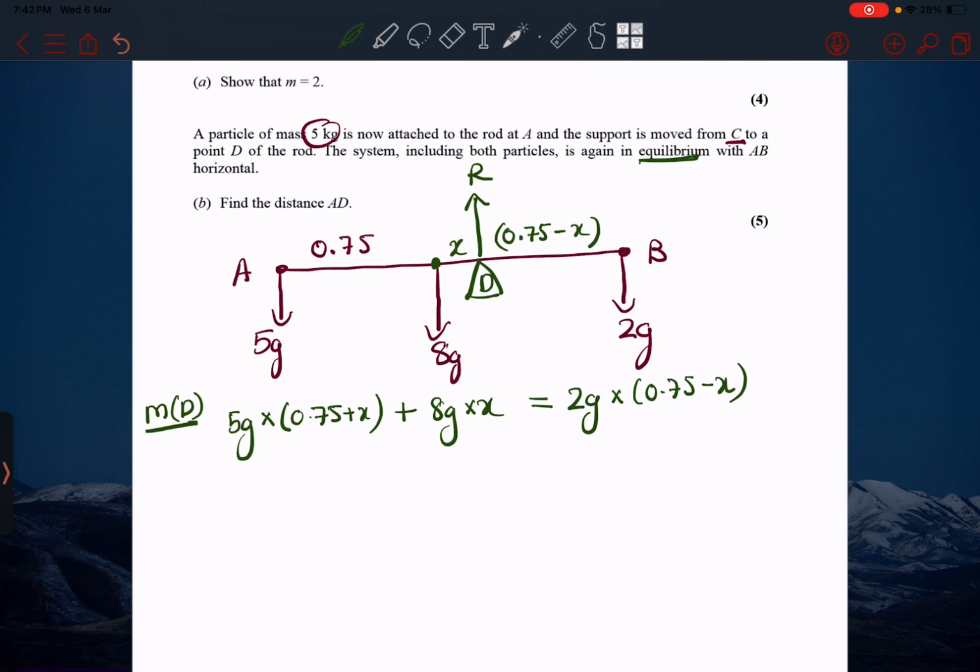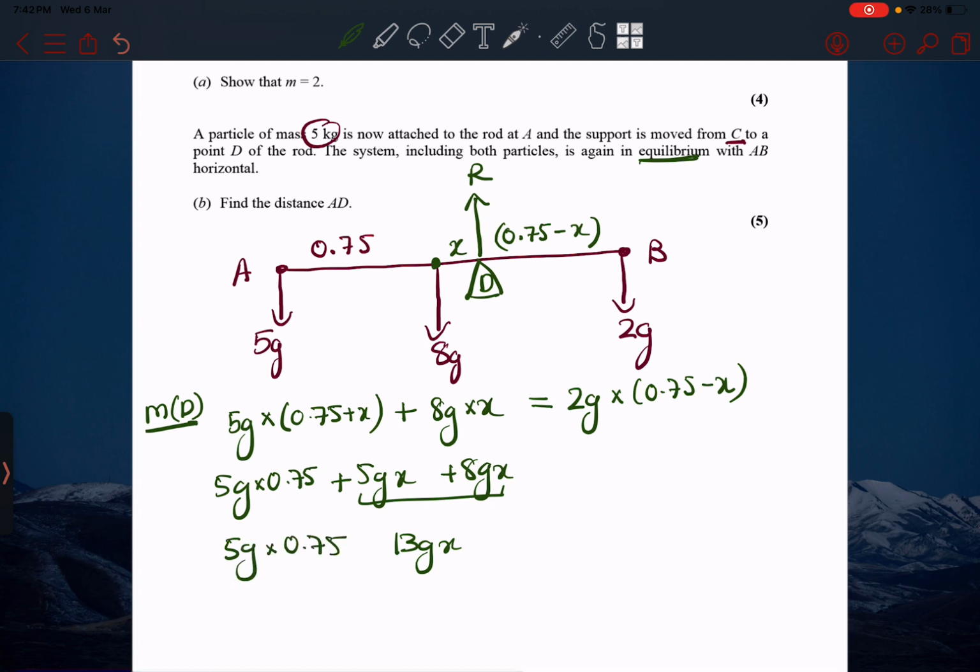So now 5g times 0.75 plus 5gx plus 8gx, which will now become 13gx. 5g times 0.75 equals 2g times 0.75 minus 2gx.